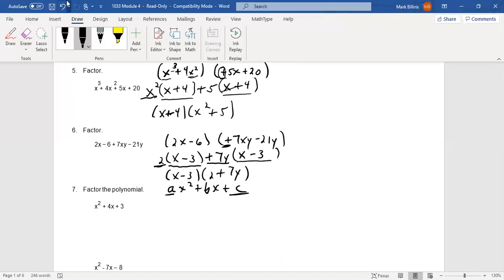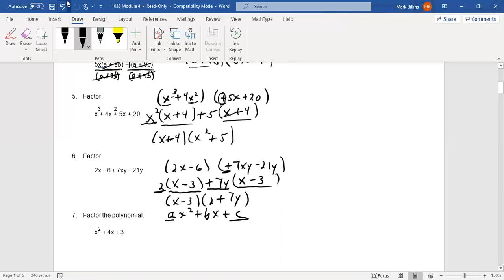So let's talk about the process. The first step in all factoring problems, not just these, is to remove the GCF. Whether they tell you to in the instructions or not, you're looking for a value that divides into all the terms.